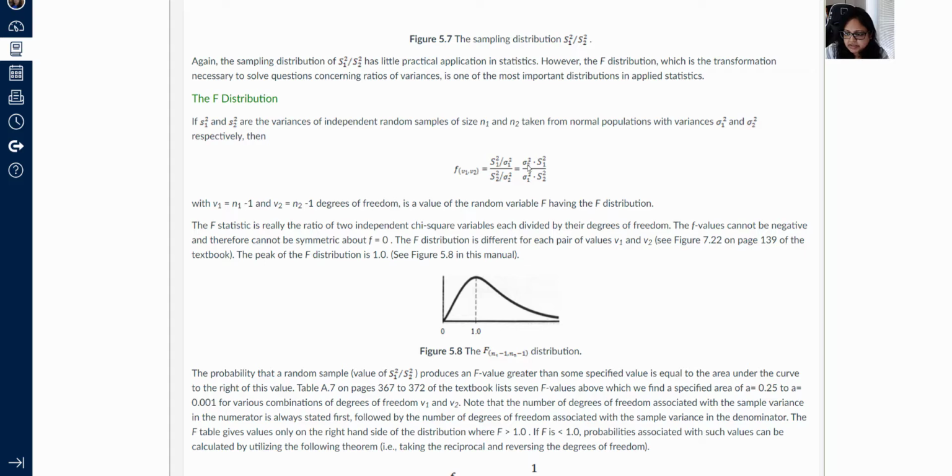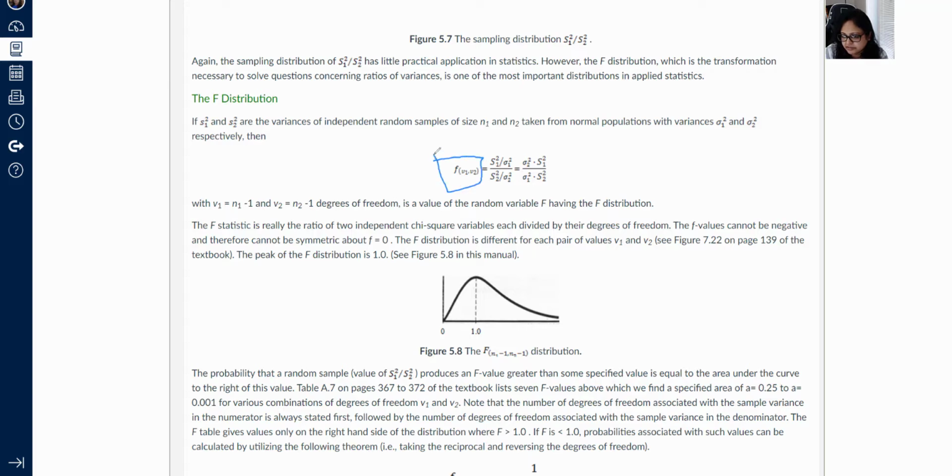For the F distribution, we have to find out the sample size, the degrees of freedom for each of those populations and the samples we got. You can see the ratio of the sample variance divided by the population variance, in the sample and in the population.